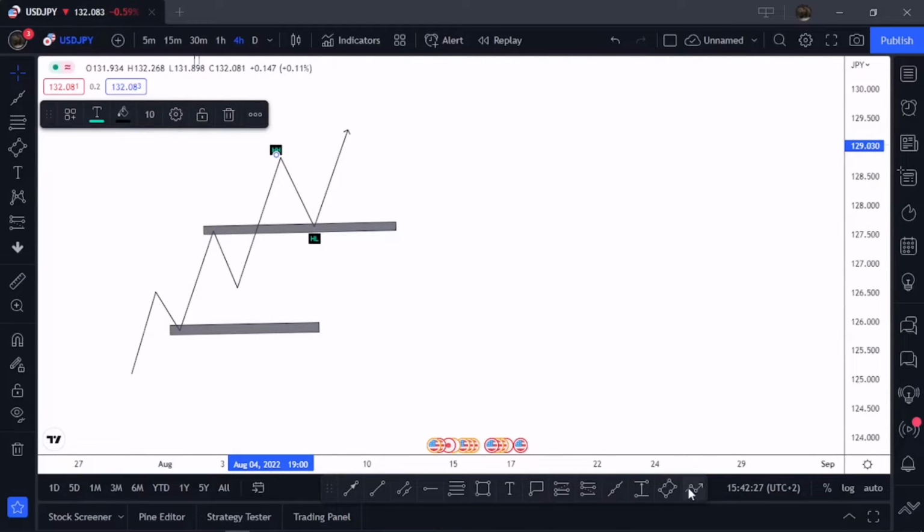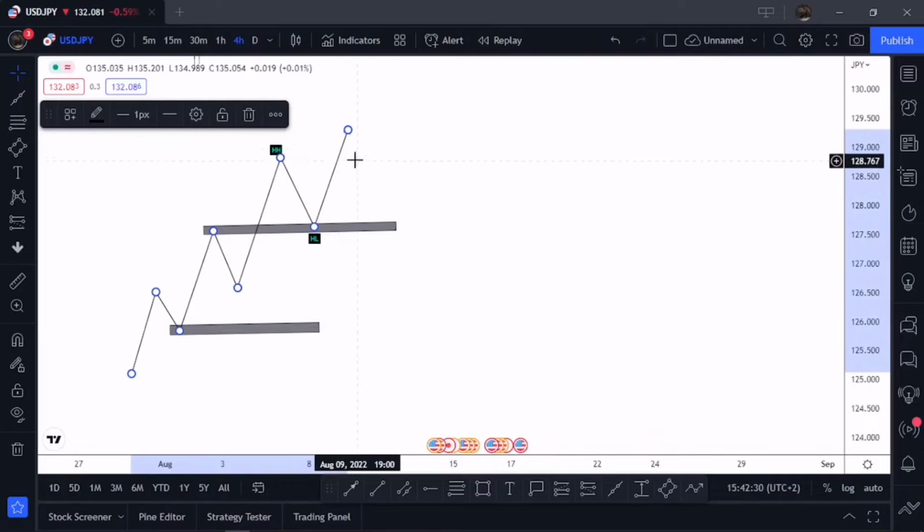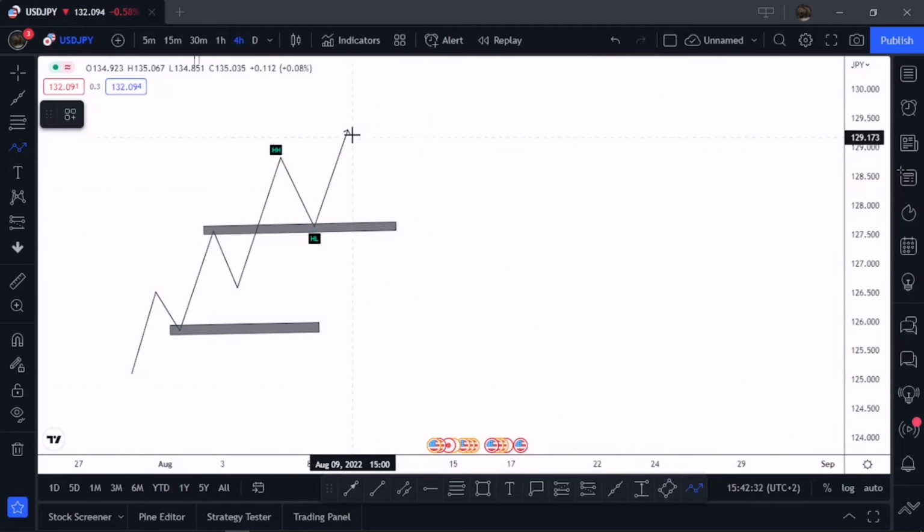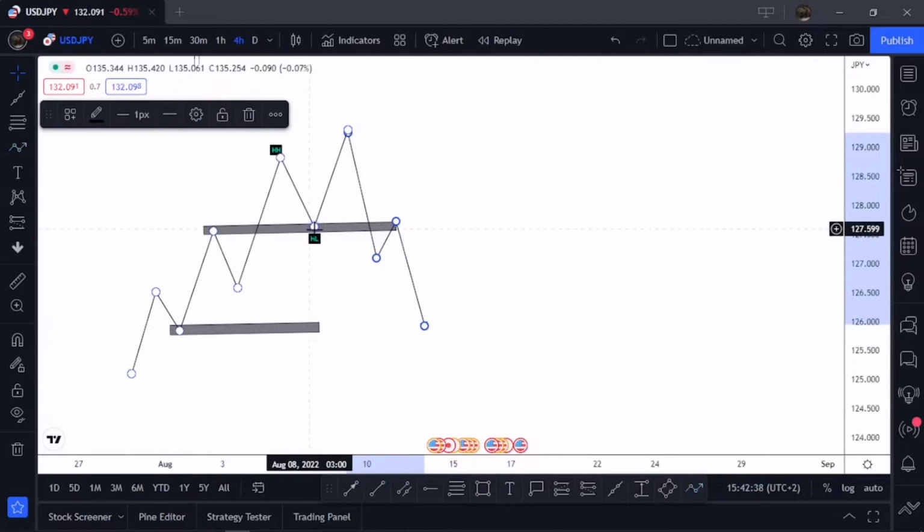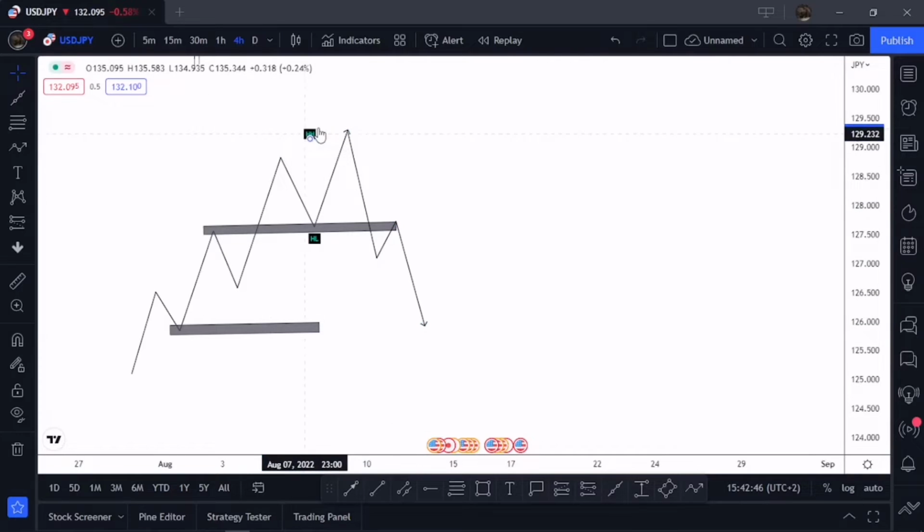When we start to come and break this higher low, we can now start to shift our bias, because we've just broken a higher low that created the new higher high.